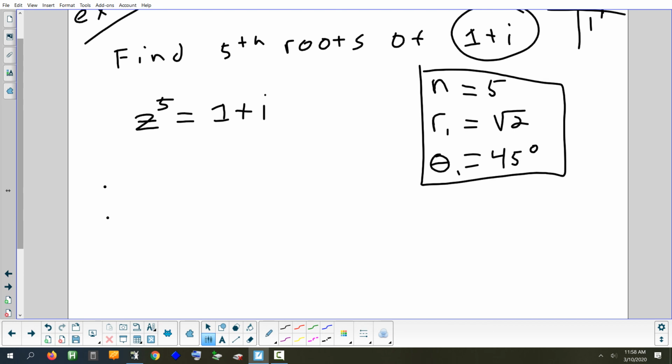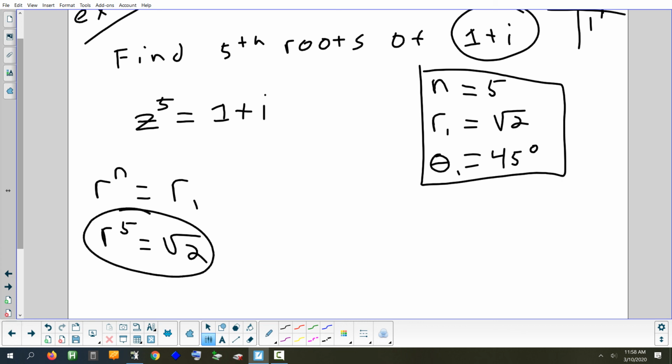Can someone tell me what's the first equation that I keep writing down? You don't have to fill anything into it yet. R to the n equals R1. So it's going to be R to the 5th equals square root of 2. And I would use the calculator to solve that. How do you undo a 5th power?